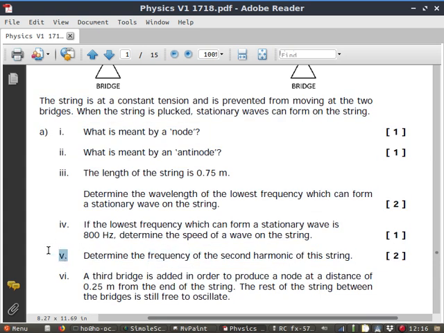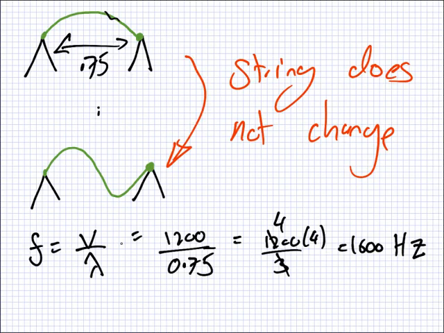I don't know this. Second harmonic? You know second harmonic? Okay, just like this. It looks like this, yeah. This two, one wave. Two peaks. This is half a wave. This is a full wave.